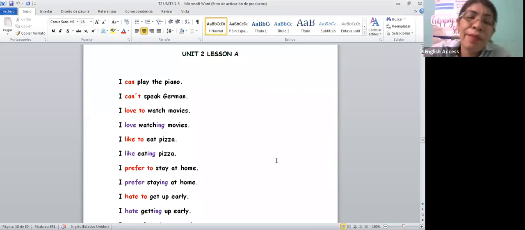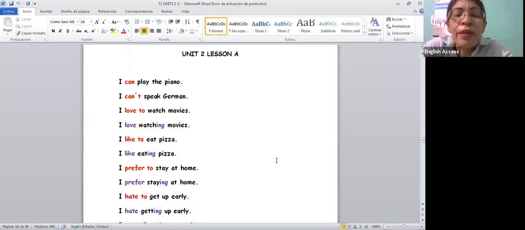Remember, can is a verb and it's also an auxiliary. In this case, we're using can to talk about ability. I can play the piano, or negative form, I can't speak German. Remember, after the verb can, we need another verb in simple form. We don't use to, we don't use ing, only the verb in simple form. I can play, I can cook, I can read, I can swim, and that's it.